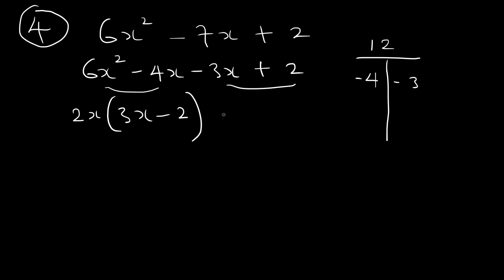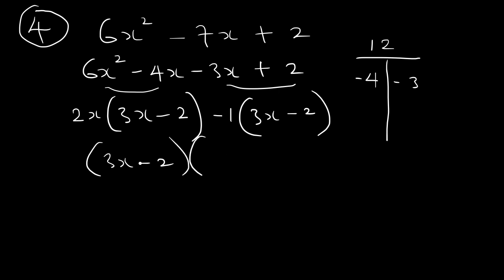And x divided by x is 1. So minus 3x plus 2, nothing is common, so we'll use 1. So here will be 3x minus 2. Our two brackets are the same. So take one and create the second bracket. So this is our answer.